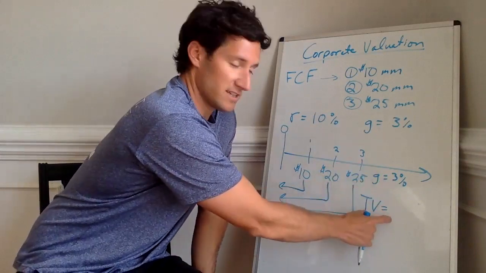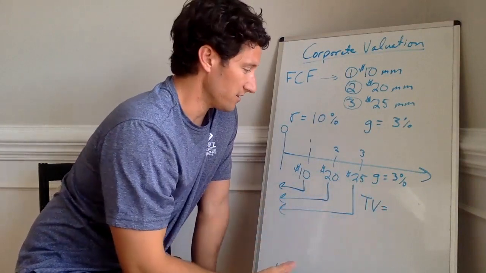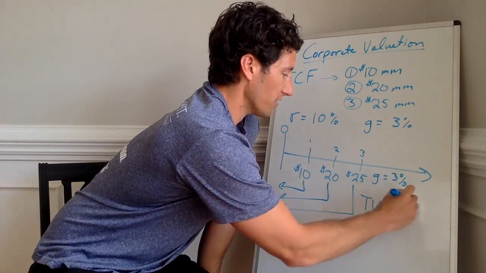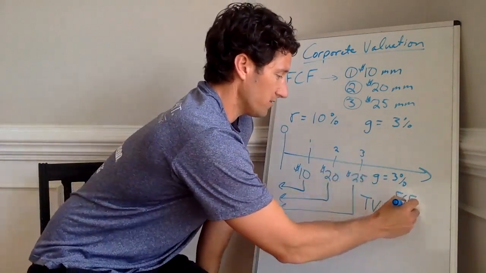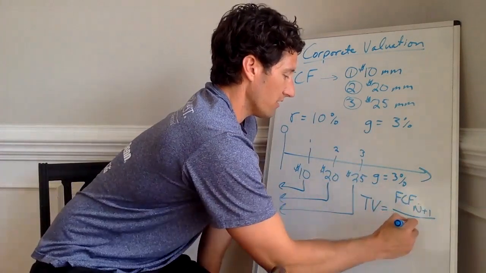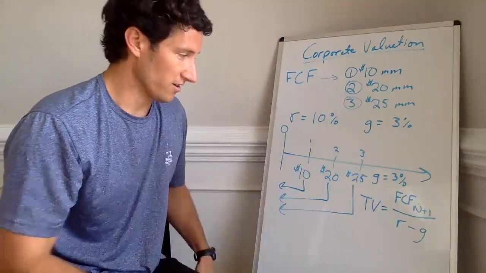We'll add this amount to year three and discount it back together. So terminal value is going to be your free cash flow of year n plus 1 over r minus g. That should look familiar.